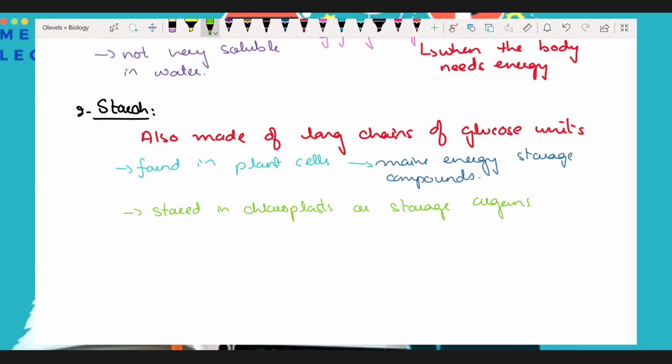Like tubers, such as potatoes. That is one kind of tuber. Is that clear? Again, you can say the starch is less soluble in water.